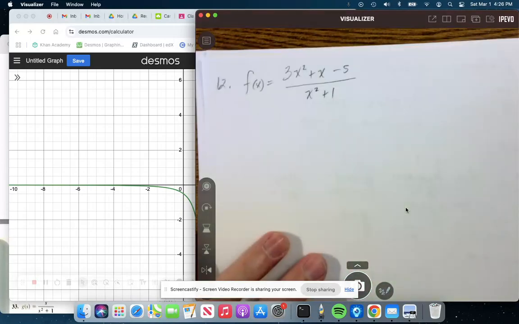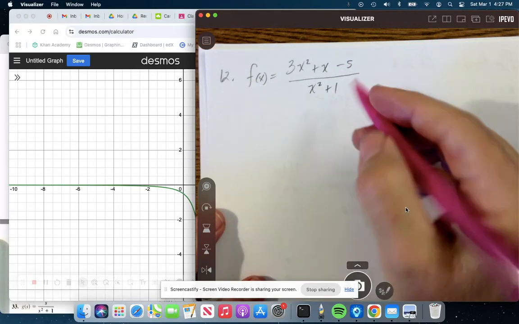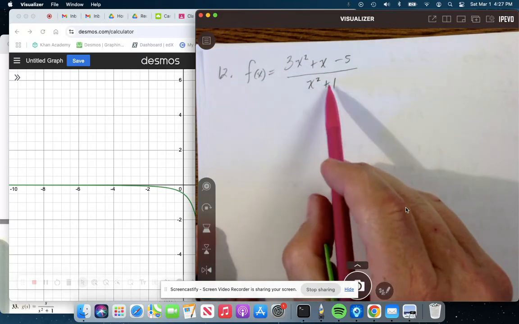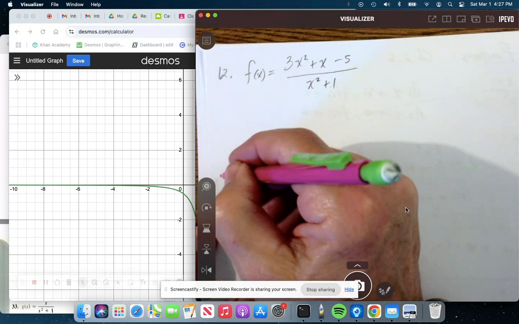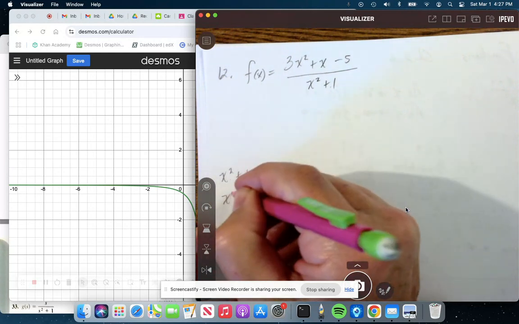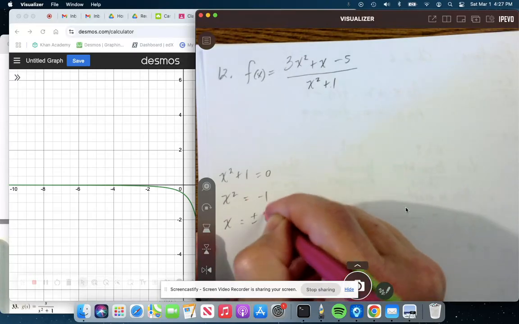All right. Well, x squared plus 1, you can't factor that. x squared minus 1 you can factor, but not x squared plus 1. The zeros of this are, if you put x squared plus 1 equals 0, you get x squared equals negative 1, so x equals plus or minus i, right?